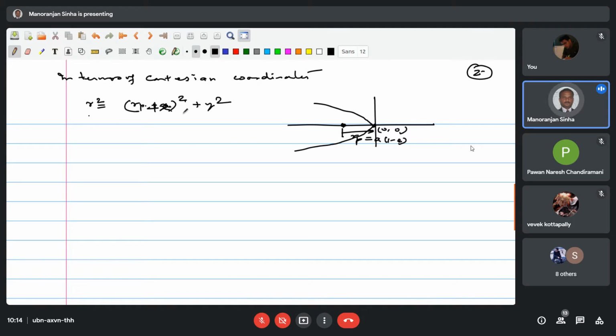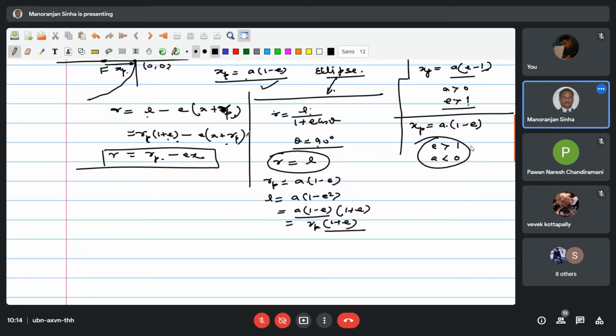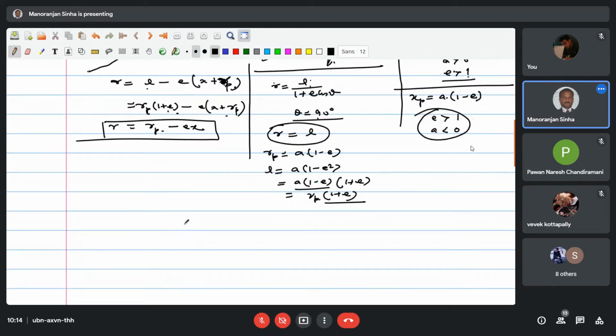Then this quantity, as we have derived previously, is r equal to rp minus ex.